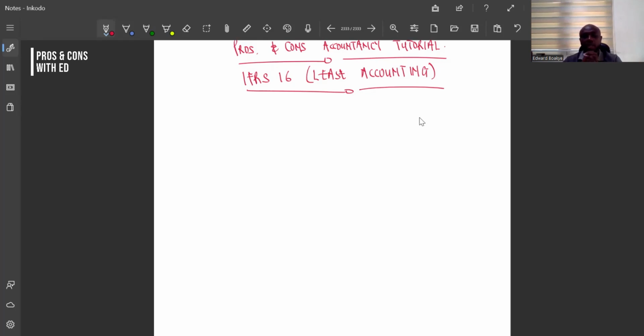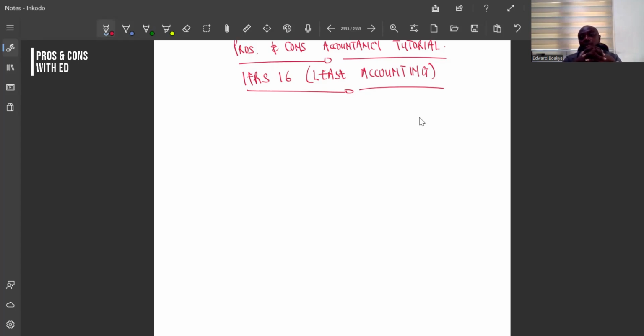As I explained earlier, IFRS 16 says that a lease is a contract that gives the right to use an underlying asset for a particular period of time in exchange for consideration. We've already talked about who a lessee is and who a lessor is.